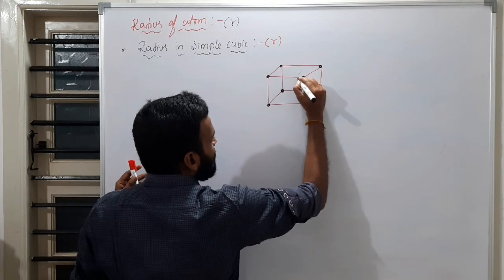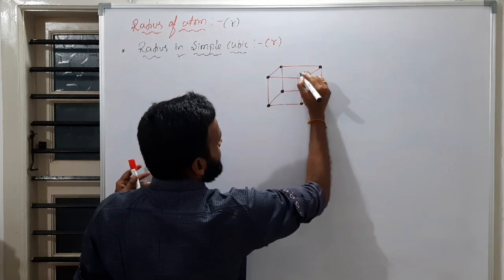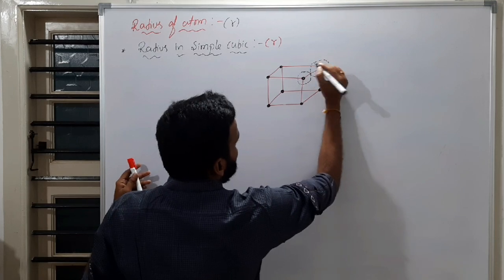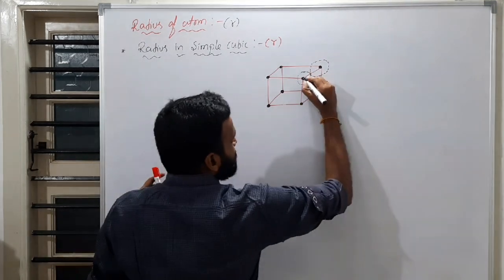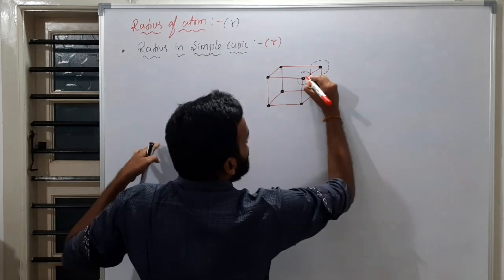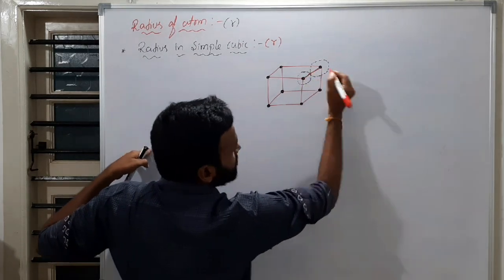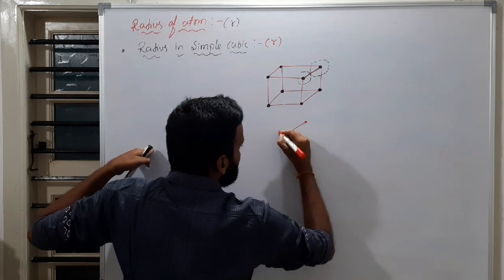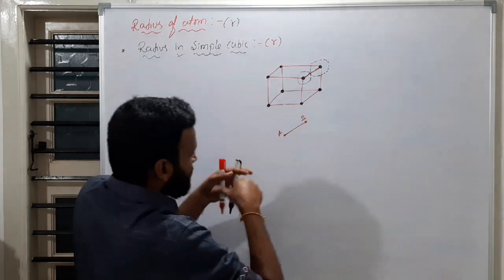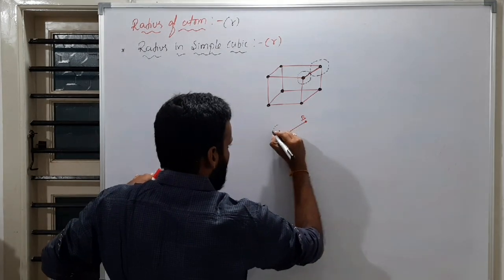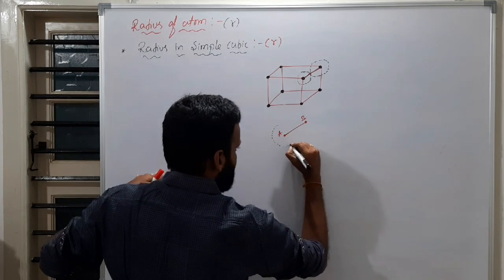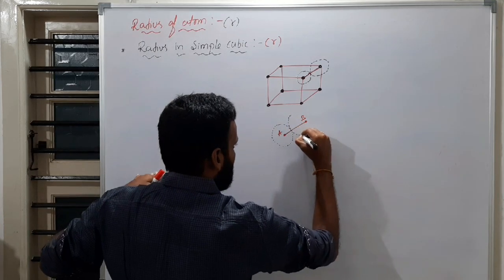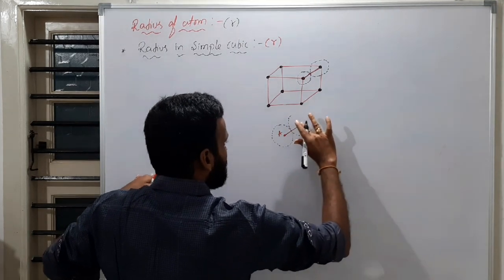Suppose this is one corner atom and this is another corner atom. So you have two corner atoms. This one here to here is called edge length, correct? So I am drawing it again. Here to here it is A and this is B, and here you have one nucleus, and this is another nucleus.